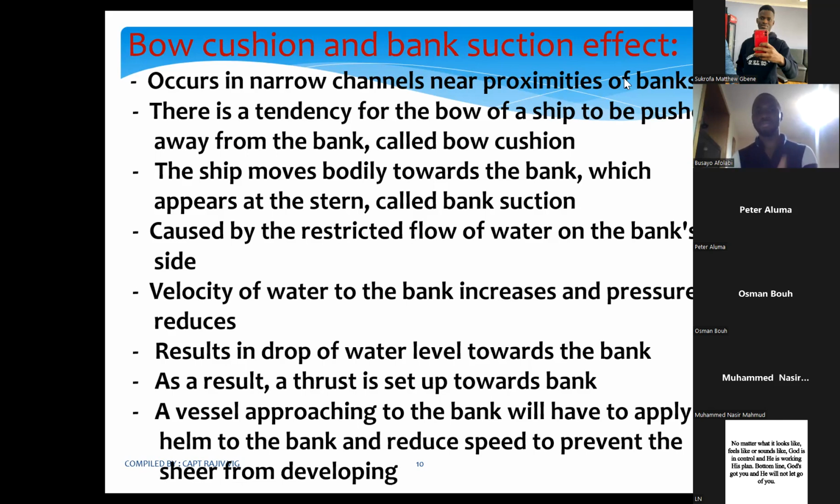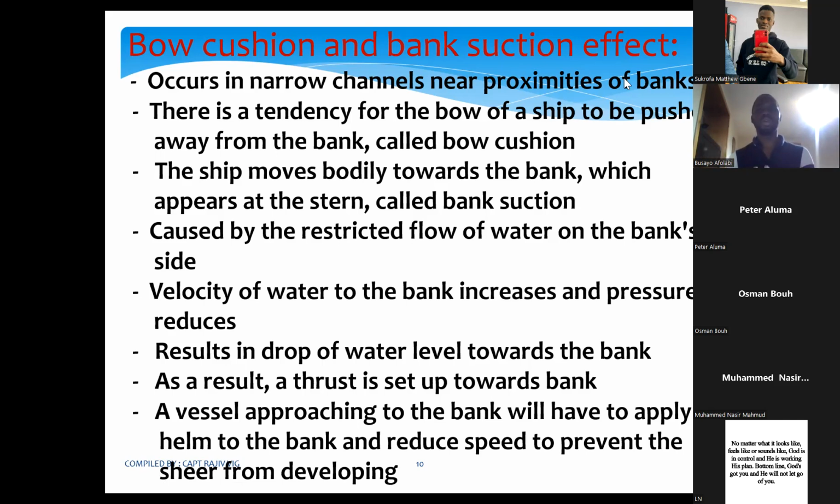So what am I trying to say? The stern of the vessel goes towards the bank. When I say bank, it goes towards the pier, or any other vessels there, and the bow of the vessel pushes away. This kind of uncontrolled movement is quite rapid, and it also affects anything that comes in its way. This is what we call the bow cushion effect.